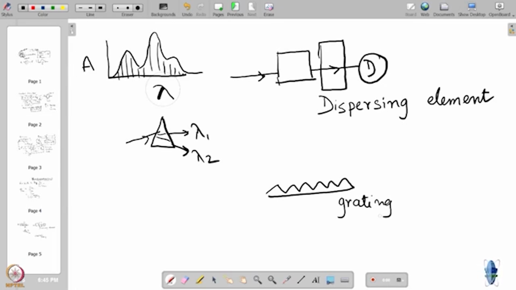And the principle on which this grating works is called what? Bragg's law. What is it? n lambda equal to 2d sin theta.